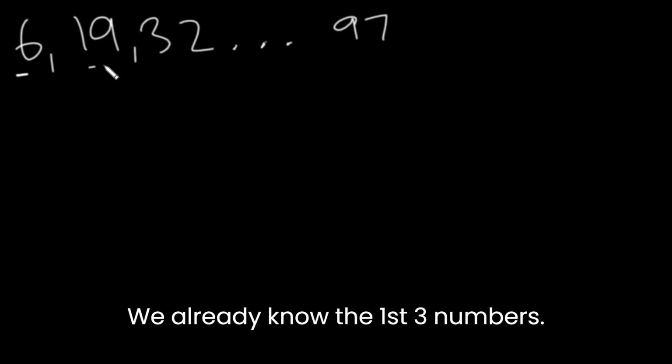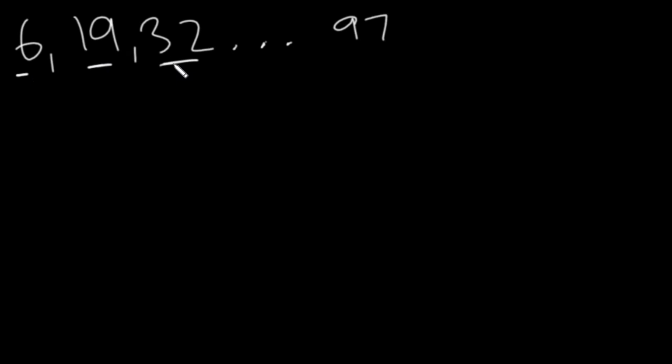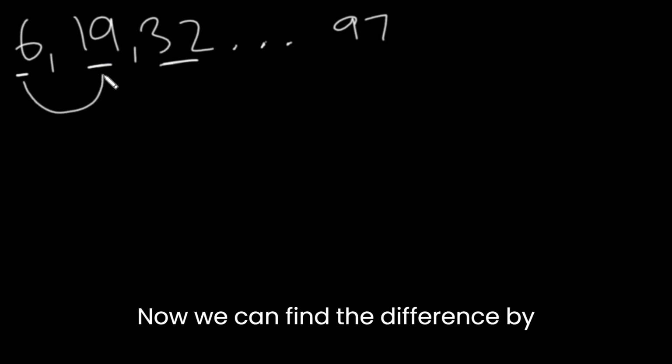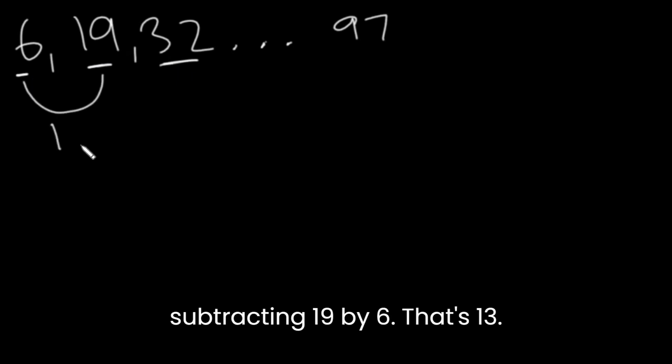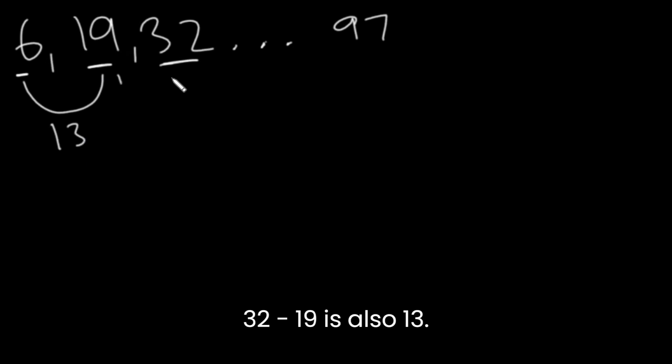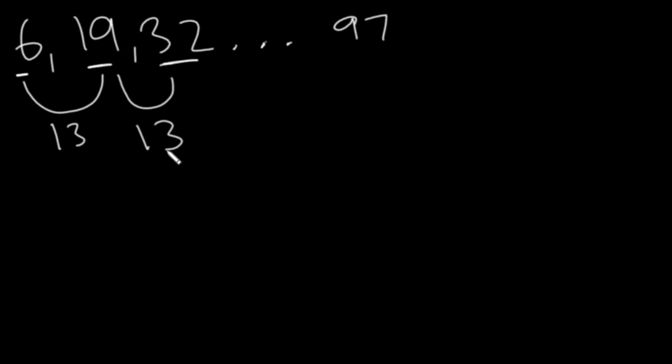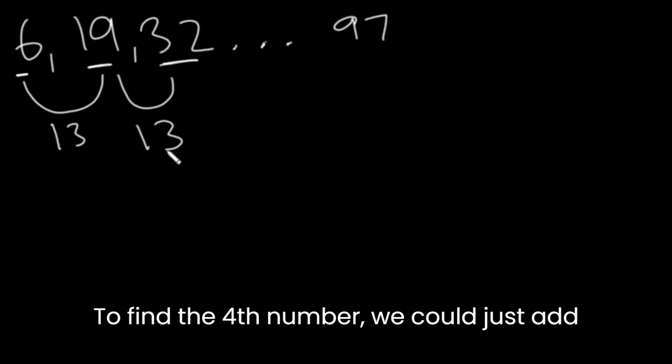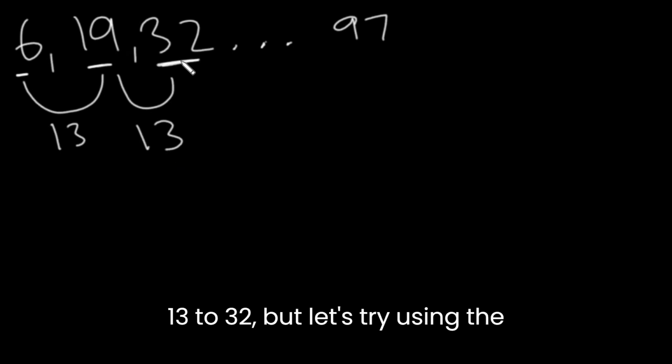Let's say we have the following sequence. We already know the first 3 numbers. Now we can find the difference by subtracting 6 from 19. That's 13. 32 minus 19 is also 13. To find the fourth number, we could just add 13 to 32.